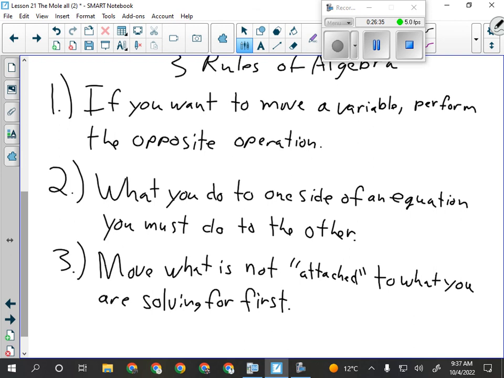Okay, the third rule of algebra is that if there's an order to move things in, you start with what's not attached to what you're looking for first. Okay? That probably doesn't make sense right now, but it's going to make sense in about 2 minutes.